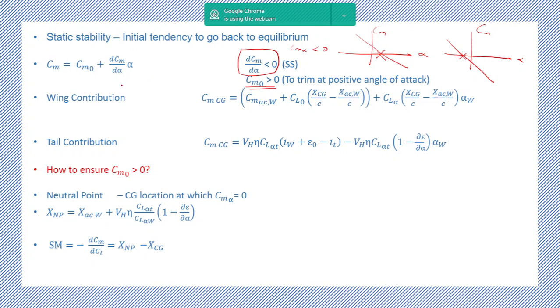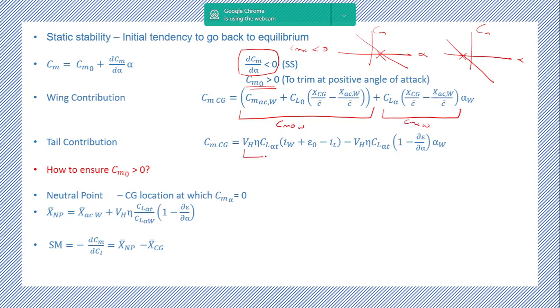Now the two contributions, that is contribution from the wing and the tail towards this overall Cm. So we write both of these contributions again in terms of Cm naught and Cm alpha. So the contribution of the wing towards Cm naught is denoted by this parameter. So that is Cm naught wing and this is Cm alpha wing.